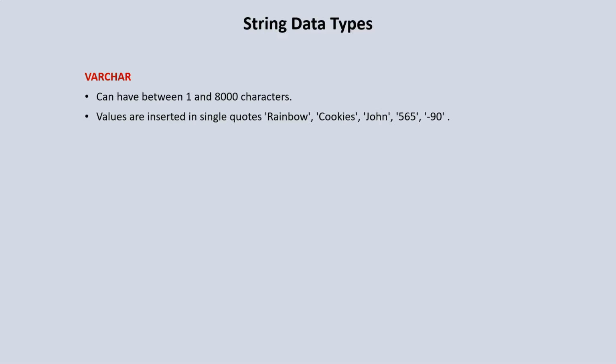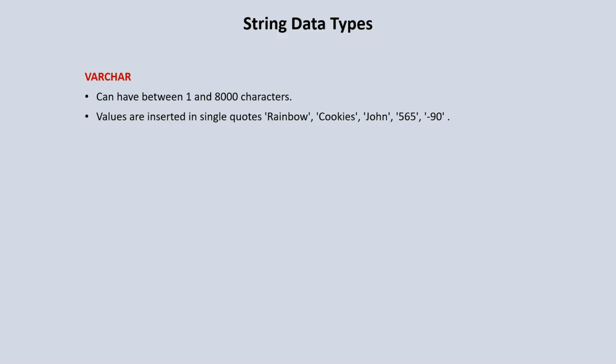Here we have 'rainbow' in single quotes, we have 'cookies', we have 'John'. Another thing is that a string data type can take on both character values and numbers. All we need to do is insert the numbers in single quotes, and essentially, even though those are numbers, they become character values.